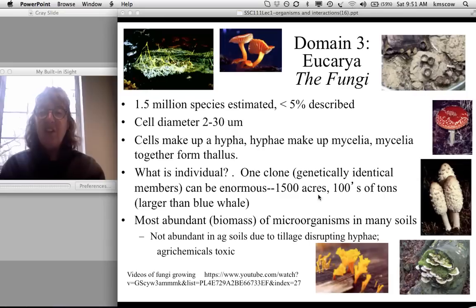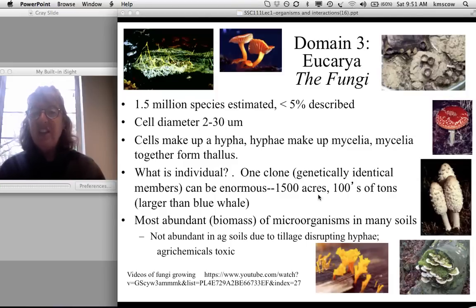We now know that the largest organism in the world is not a blue whale, it's a fungus. One individual can colonize an enormous area of land, 1,500 acres. I think there's areas even bigger than this.